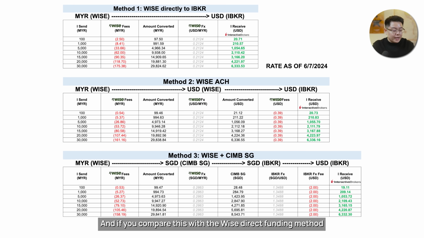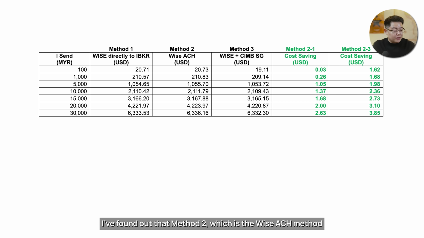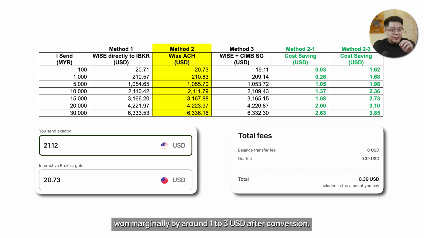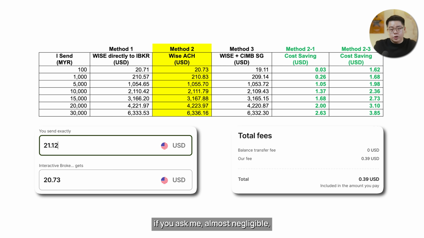And if we compare this with the Wise direct funding method I've covered in this video, I found out that method 2, which is the Wise ACH method, won marginally by around $1 to $3 after conversion, especially in the bigger amounts. But honestly, the cost savings is, if you ask me, almost negligible if you're not transferring money that frequently.